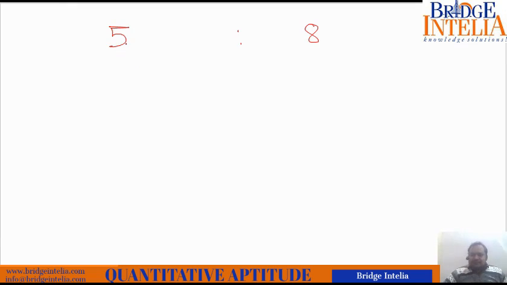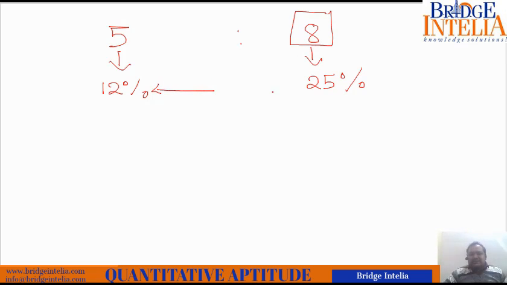So this was lent at a rate of 12% and this was lent at a rate of 25%. So which amount is greater? So this amount is greater. So the final answer will be more closer to this. It will be more closer to 25 as compared to 12, because here in this case more amount has been given. So answer is going to be nearer to this.